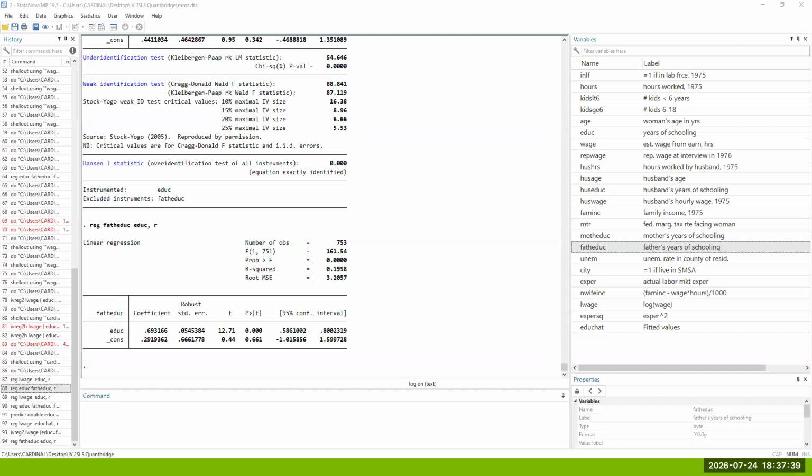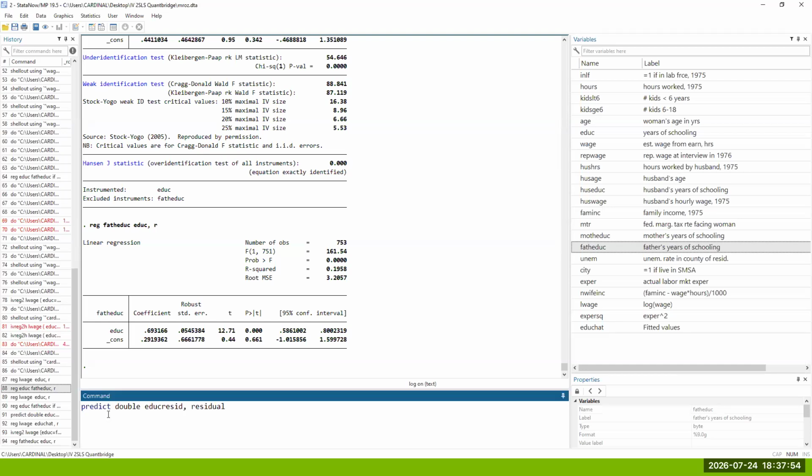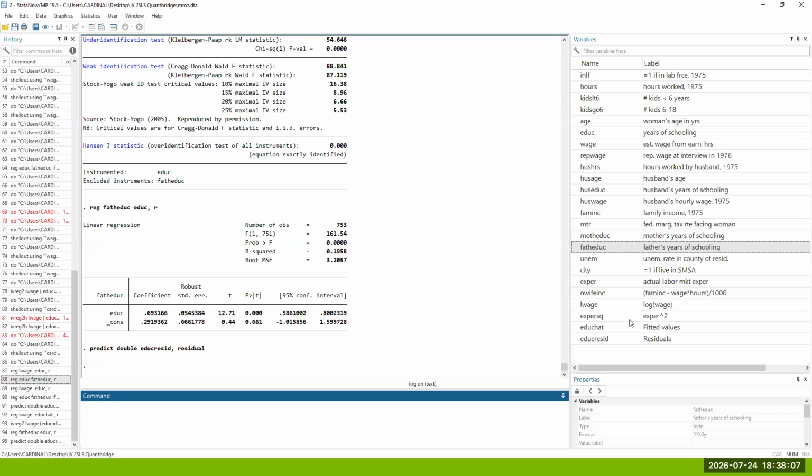Your second stage is to now predict the residual. So if you are predicting the residual, similar code as we had initially, but slightly different. So you predict, same double here. Now it's education resid, not education hat. And then you have residual here after as an option. That also gets introduced as a new variable here.